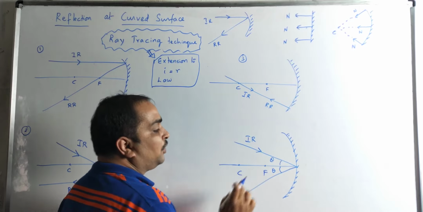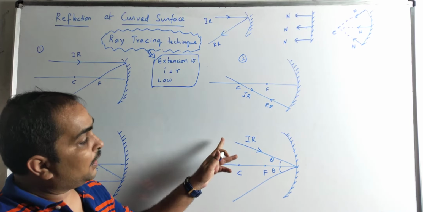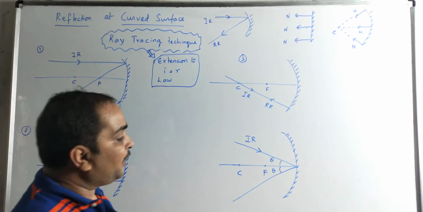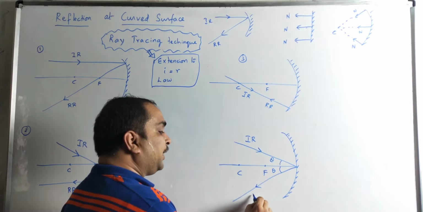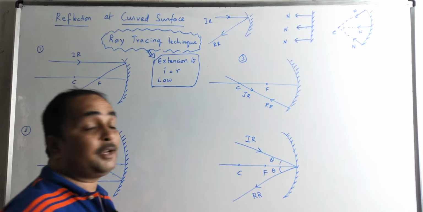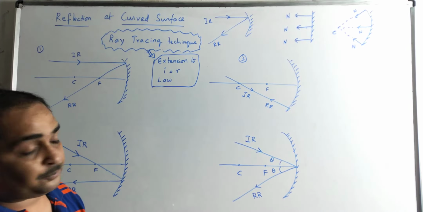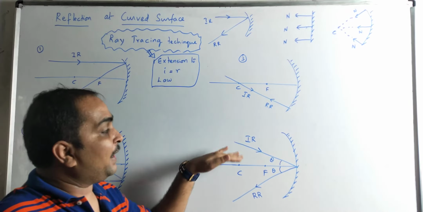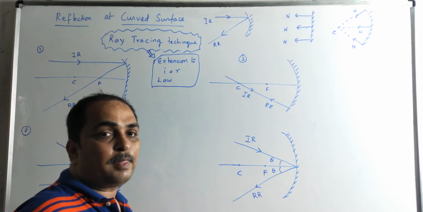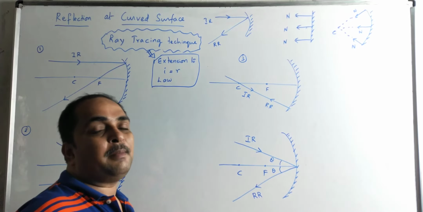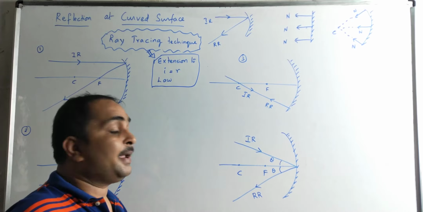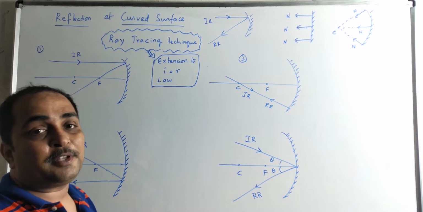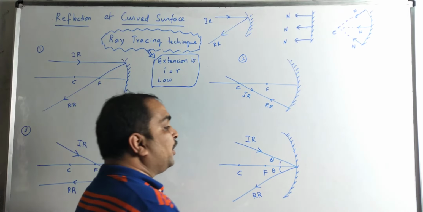Basically this is I, this is equal to R. So incident ray makes angle theta with the principal axis, and reflected ray also makes angle theta with the principal axis. So the ray incident at some angle to the principal axis will get reflected at the same angle, if it is incident on the pole. This point we define as pole.